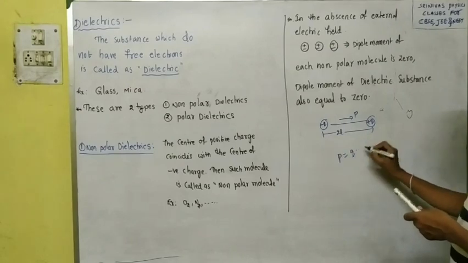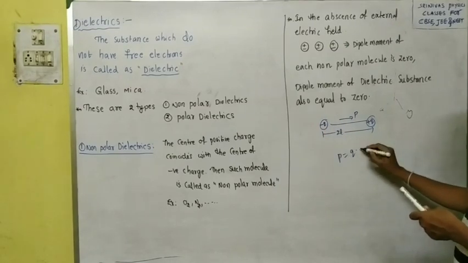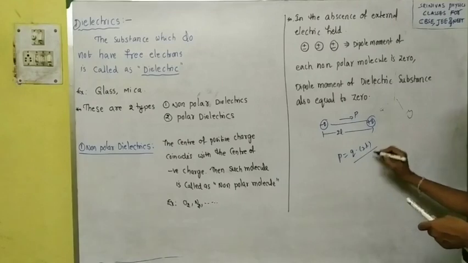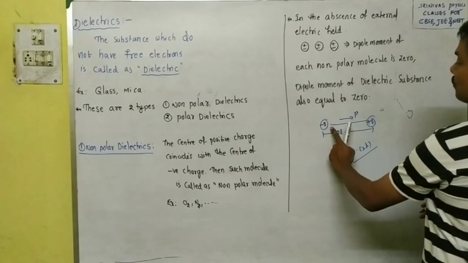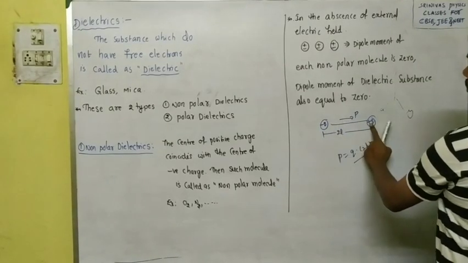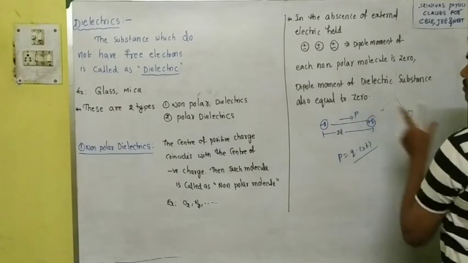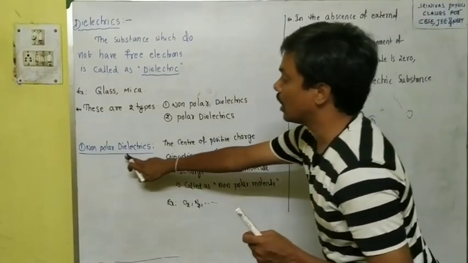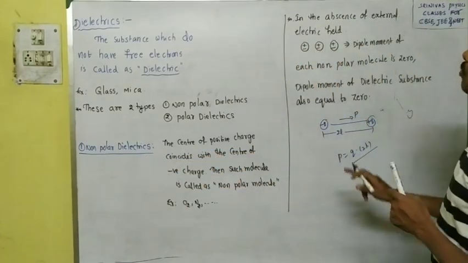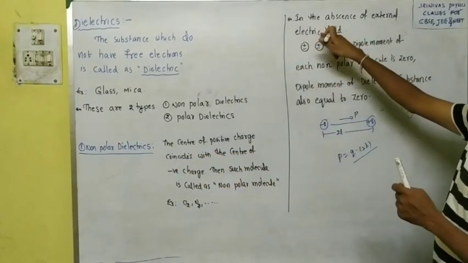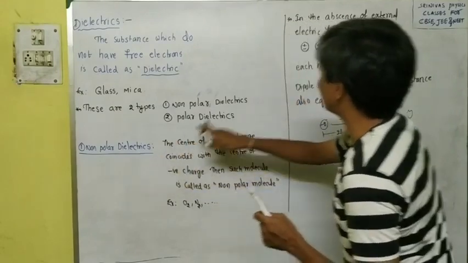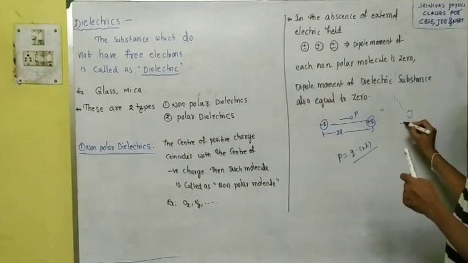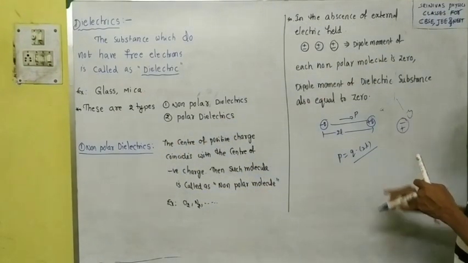Its formula is the product of the magnitude of charge and the distance between the charges. In a dipole, negative and positive charges should be there with some separation. But in non-polar dielectrics, the centers of positive and negative charge both coincide.